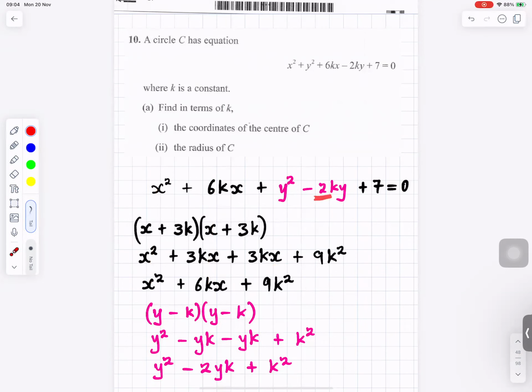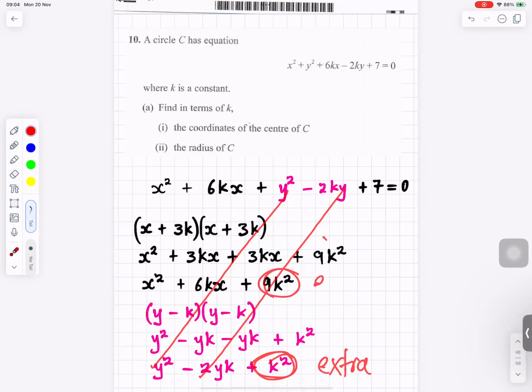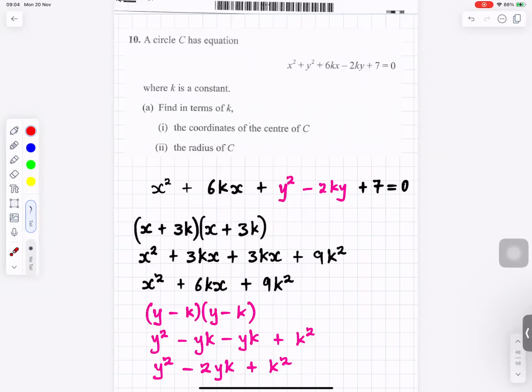Half of 2 is 1. So we do y minus k times y minus k. That gives us y squared minus 2ky, and then plus this k squared. This k squared is extra. So what do we do with this, the ones that I call the extra? I'll show you in the next slide.